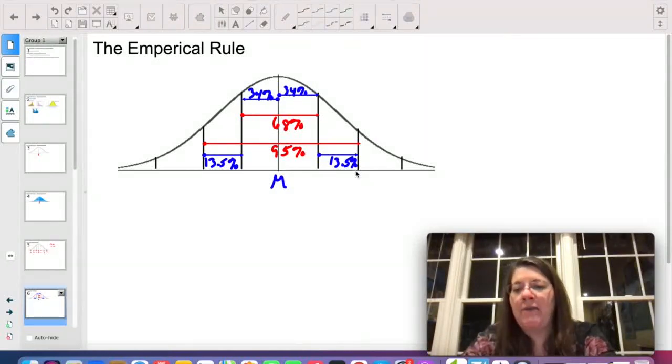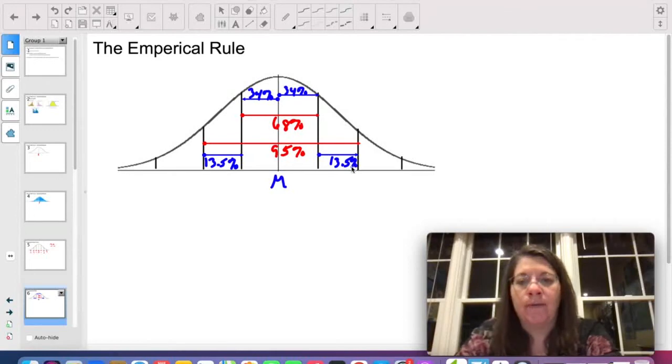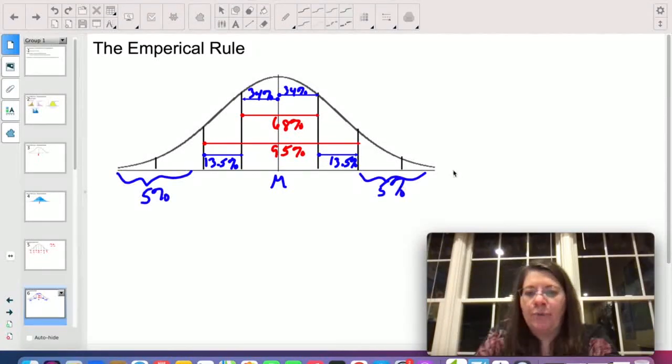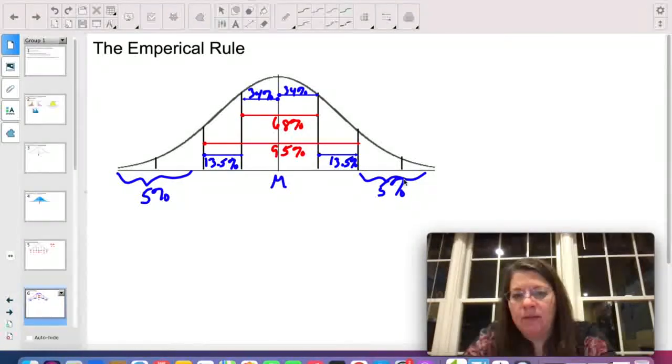So 95% of the data will lie within two standard deviations of the mean in a standard bell curve. So what that means is we have about 5% left on either side. So we've got about 5% left here and 5% left here. Look at these. These are percentages, not sevens.